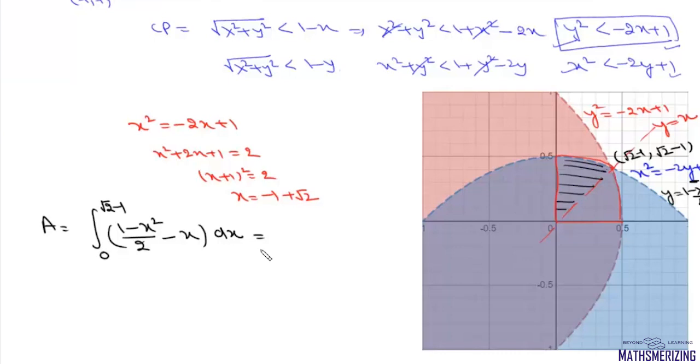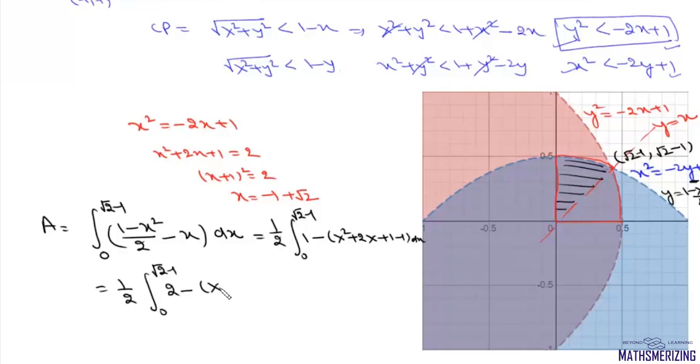So we can actually write this as 1 by 2 integral from 0 to root 2 minus 1 of 1 minus x square plus 2x. Now we'll add 1 and subtract 1 also. Then we can write this as 1 by 2, 0 to root 2 minus 1 and then 2 minus x plus 1 whole square into dx.